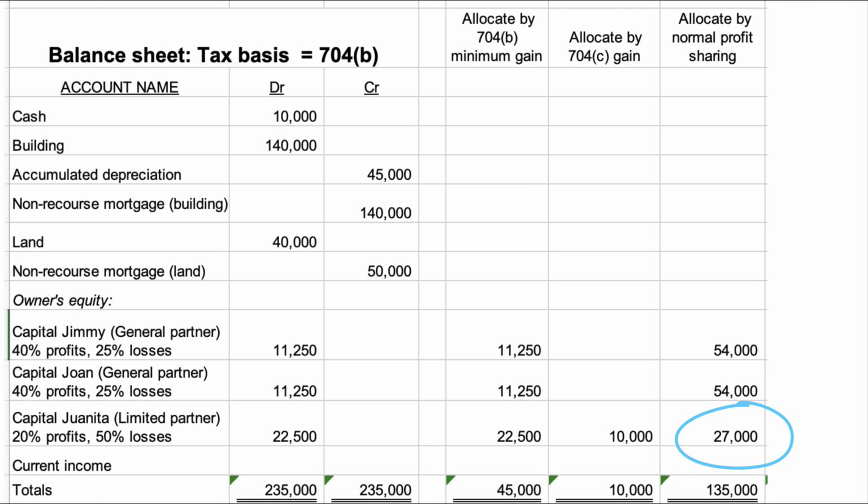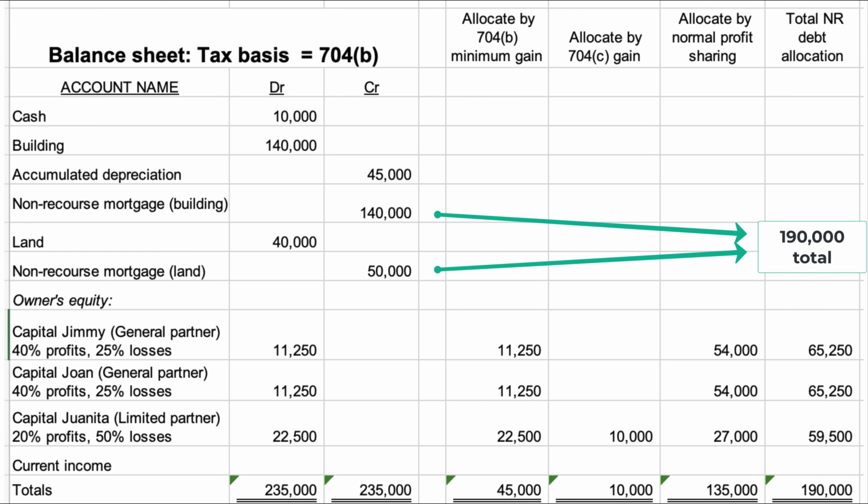Juanita is allocated $27,000 of the remaining debt, 20% of the $135,000. When we add all of these 3 pieces, Jimmy and Joan are both allocated $65,250 of non-recourse debt. Juanita is allocated $59,500 of non-recourse debt.